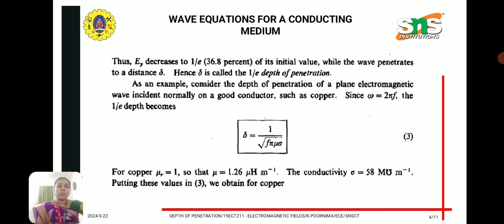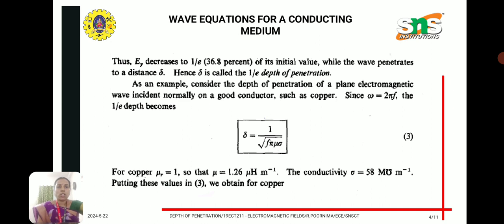As an example, consider the depth of penetration of a plane electromagnetic wave incident normally on a good conductor such as copper. It is related to the angular frequency omega, which is 2 pi f. The depth of penetration becomes delta equal to 1 by square root of f pi mu sigma.